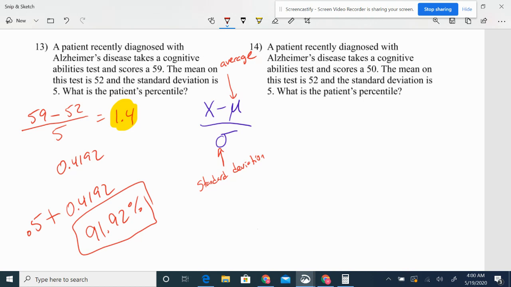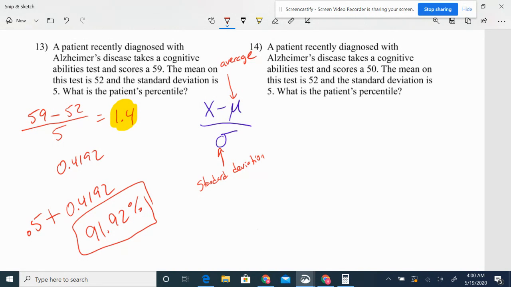So what does this mean? If 0 was the lowest score, 100 was the highest score, this guy is at 91.92. He scored pretty good.